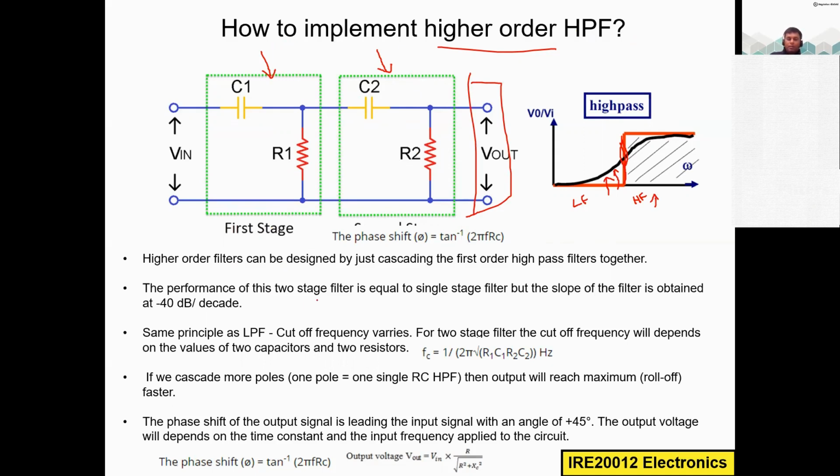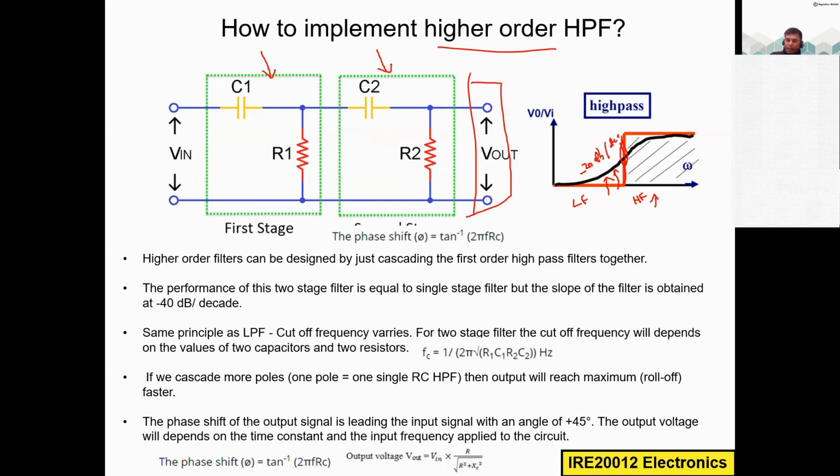The performance of this two-stage filter is equal to a single stage filter, but the slope of the filter is obtained at 40 dB per decade. For the single order filter, it's 20 dB per decade.